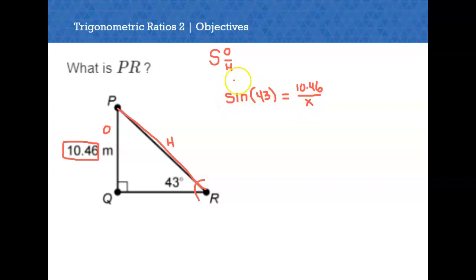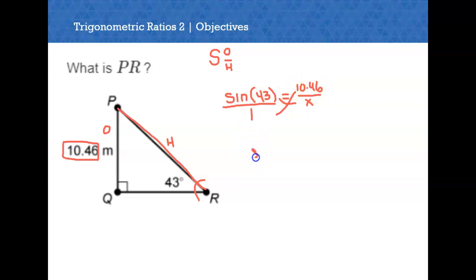Now, sine 43 is one term all on its own, so I can go ahead and put this over 1 in order to find my missing side. Then I can cross multiply and I get sine 43 times x is equal to 10.46.